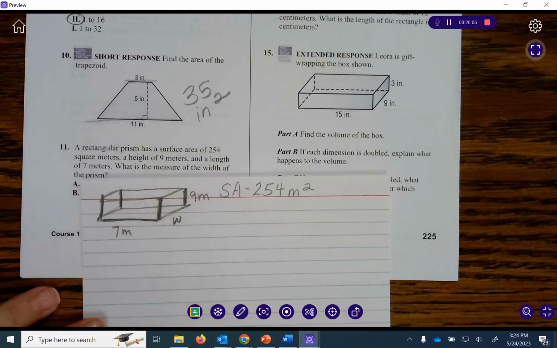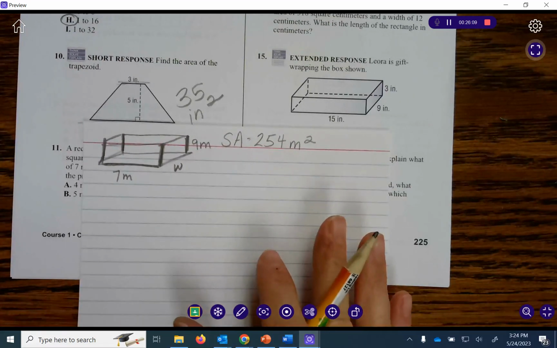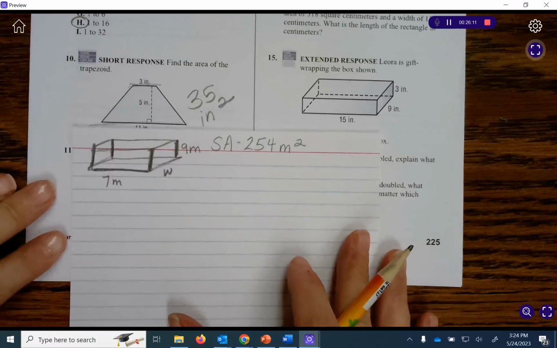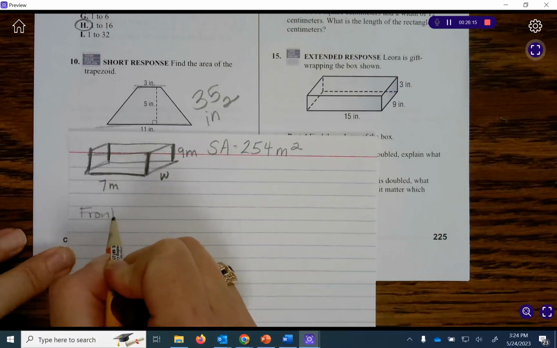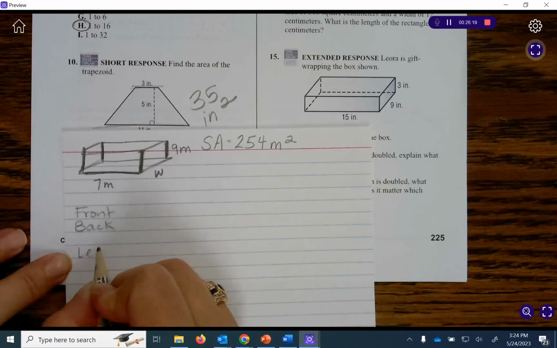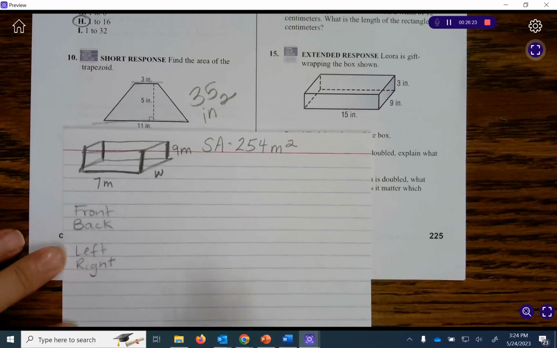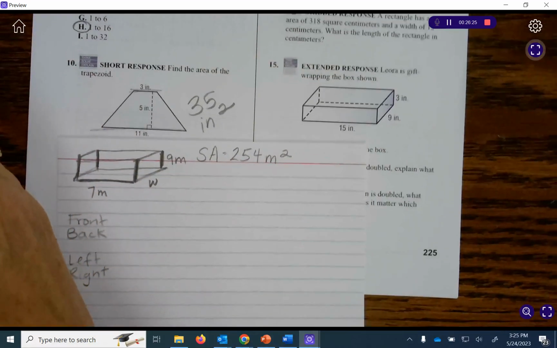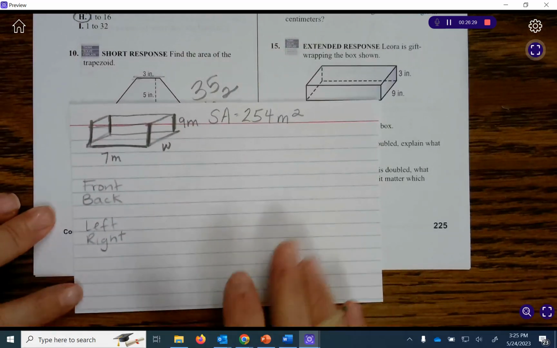Okay. Let's identify the faces. Again, we have a front and a back, a left side and a right side, and then we have a top and a bottom.